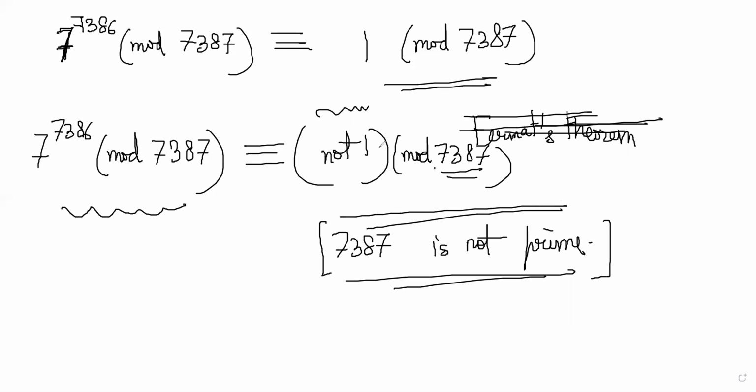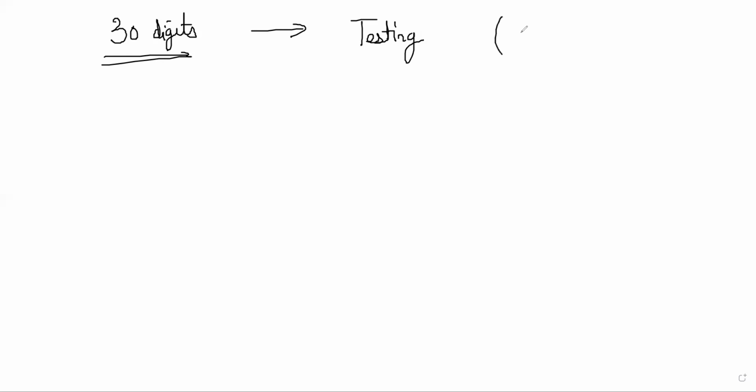Sometimes it is very hard to test a very large number and find out whether it is a prime number or not. If I give you a number which has 30 digits or something, testing it to be prime is actually a separate topic, and books are written on it. It's called primality testing, and it is quite hard.